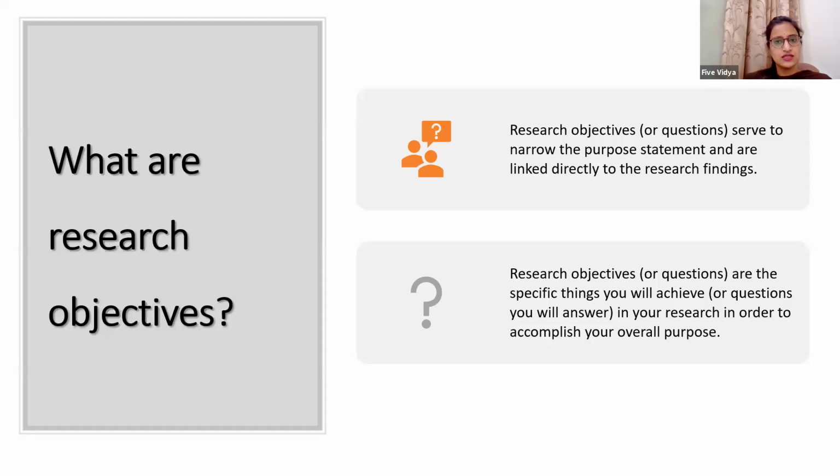Now we'll come to the research objectives. What are research objectives? Once you are done with the literature review, you can find out the research gap. Once you have the research gap and you know what exactly you need to do for your own research, you have to frame the research objective, which serves to narrow the purpose statement and is directly linked to your findings, that is, what you are actually going to find out in your own research.